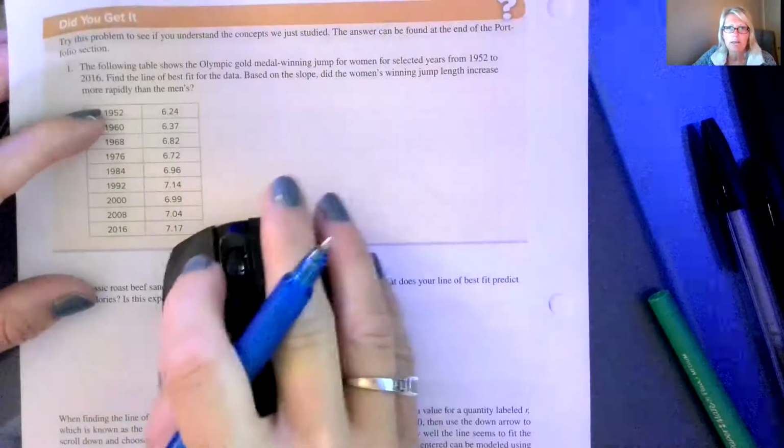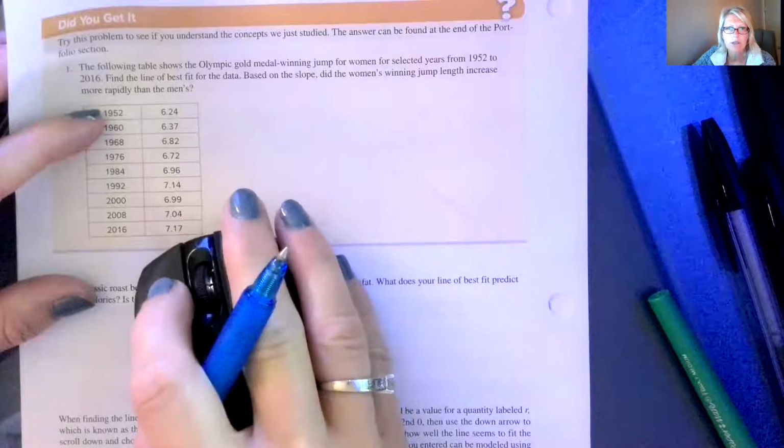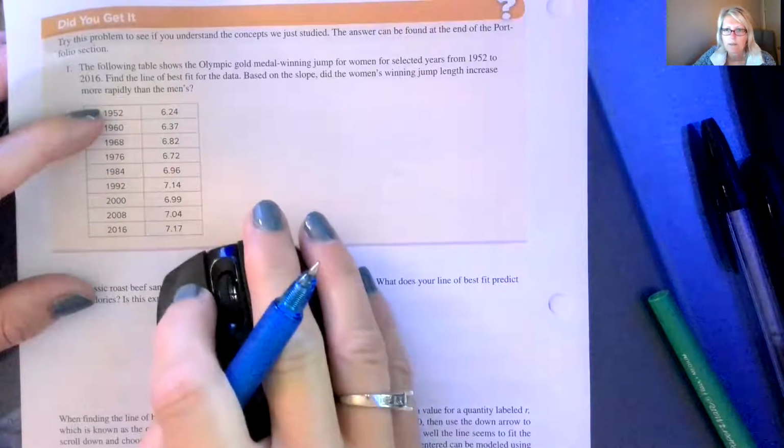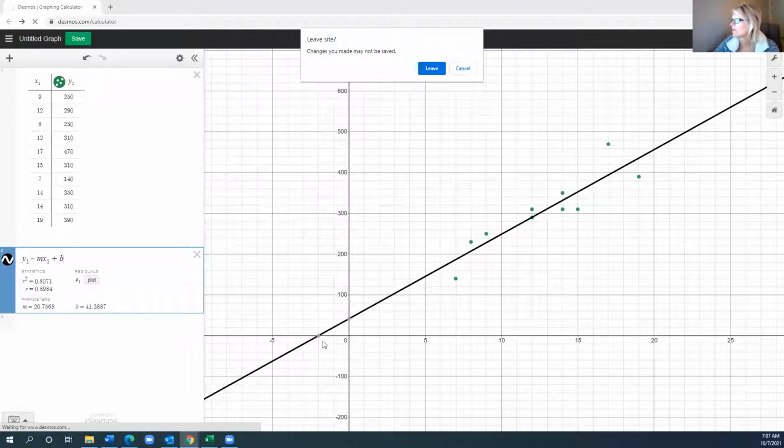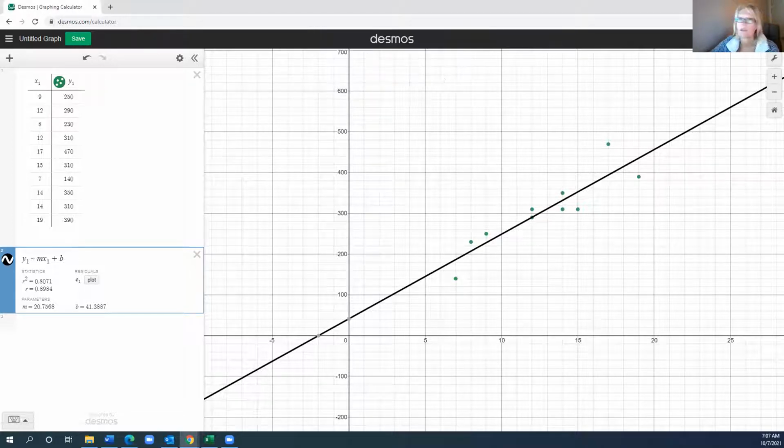Okay. So I'm going to go back to my Desmos, so you can see how this would be done in Desmos. In Desmos, if I wanted to find 25, I would go over here. I could click on the line that I predicted. I want to make sure I'm sharing the right line. Okay.